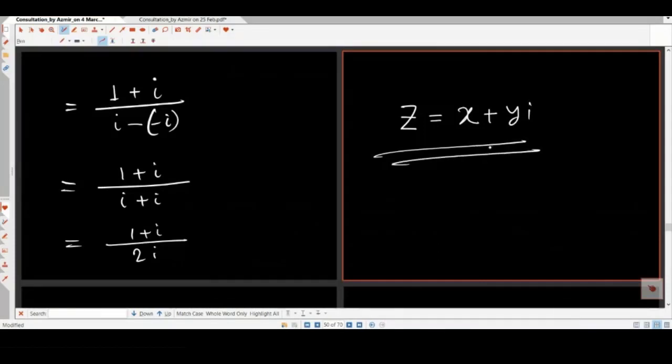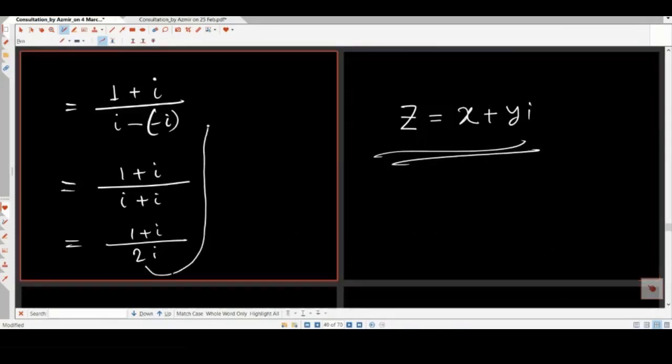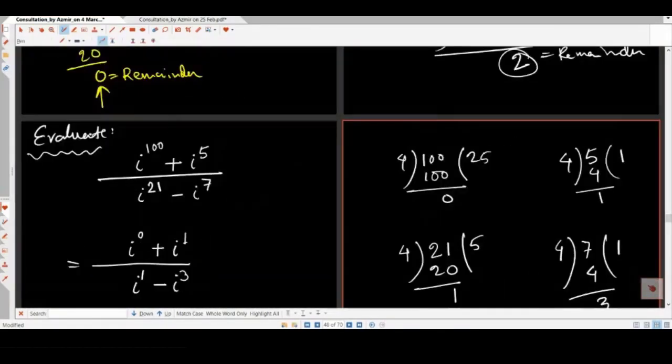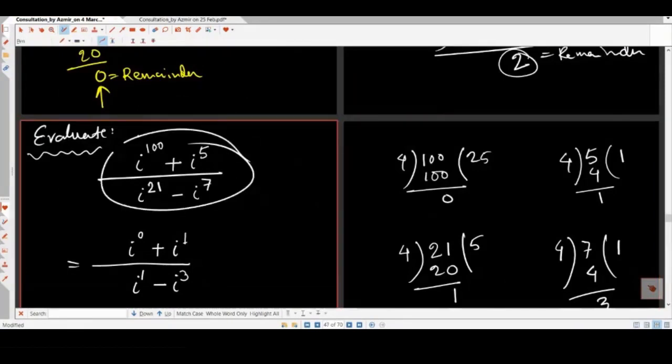So using this pattern, we can rewrite this. You are going to evaluate this one, and there is a concept that is attached. Write your answer in standard form.